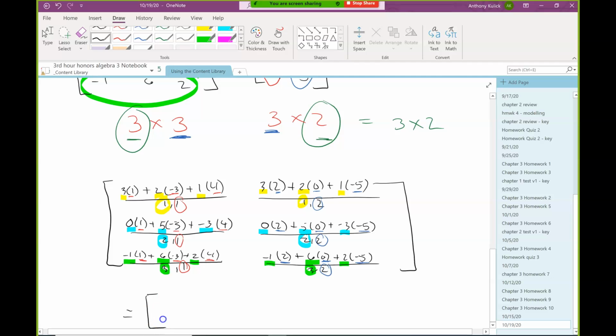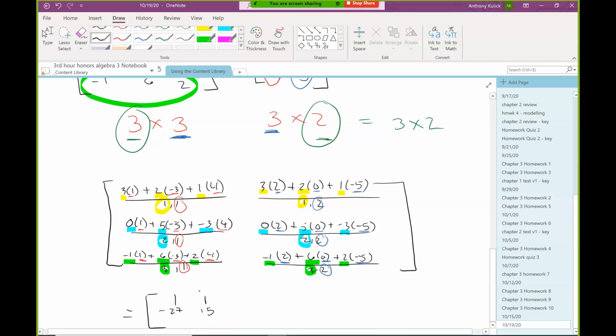Okay, so we've got that all worked out now. All we need to do is our simplifying. So 3 minus 6 plus 4 is 1. And then 6 plus 0 minus 5 is 1. And then 0 minus 15 minus 12 is negative 27. And then 0 plus 0 plus 15 is 15.